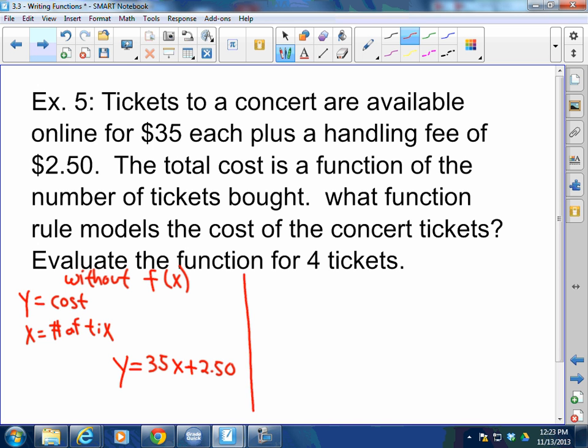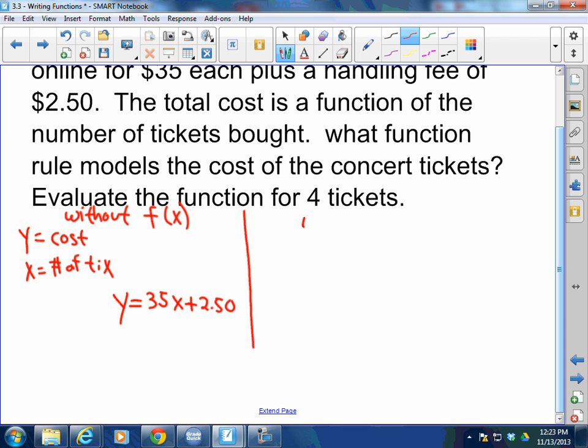Now, if I want to write this with function notation, with f of x, nothing has changed except that I replace y with f of x. So this time your f of x is the cost, but my x is still the number of tickets.